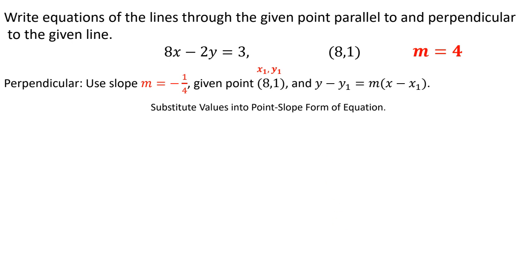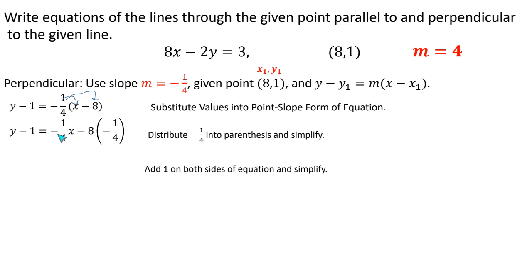We plug in our information, and I get y minus 1 is equal to -1/4 times x minus 8. Distribute that -1/4, so we get -1/4 x minus 8 times -1/4, and that comes out to -1/4 x plus 2. I'm going to add the 1, and we get y equals -1/4 x plus 3.